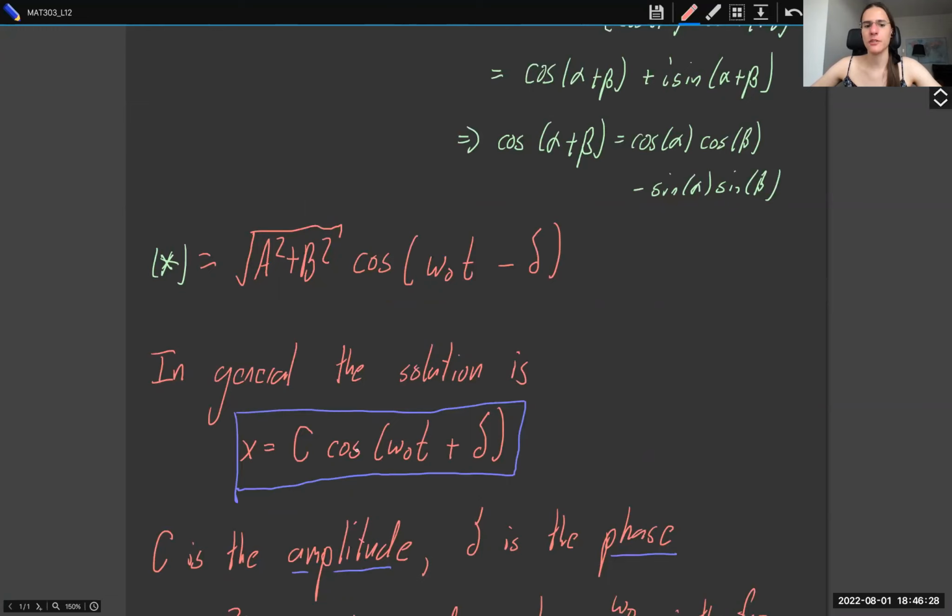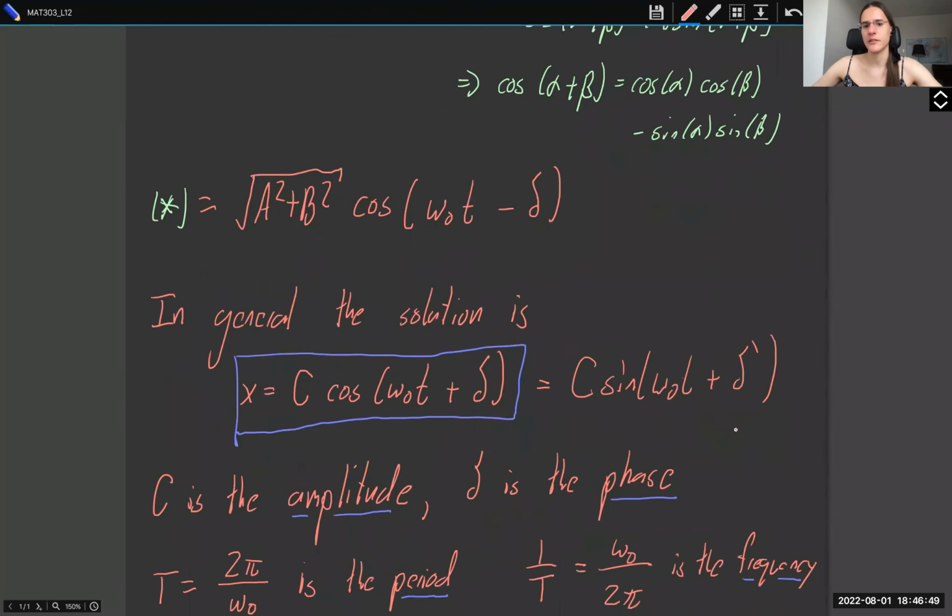That would also be an equivalent general solution because cosine and sine are just related by a phase shift. So we can also write that this is equal to c sine omega naught t plus delta prime, where delta prime is just related to delta by one of them being plus pi over 2 of the other.